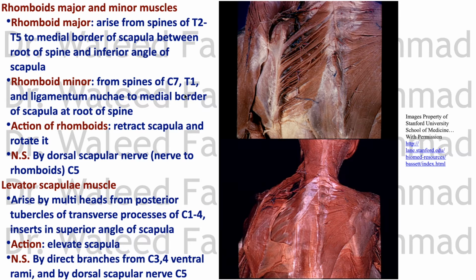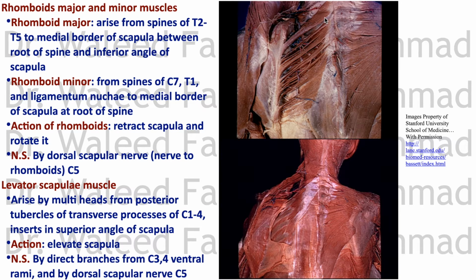Rhomboids, major and minor muscles. This is the rhomboid major and this is the rhomboid minor. From the medial border of the scapula, the rhomboid minor arises from the area adjacent to the root of the spine of the scapula, and the rhomboid major from the area below, the medial or vertebral border of the scapula. They insert here; this is the insertion.